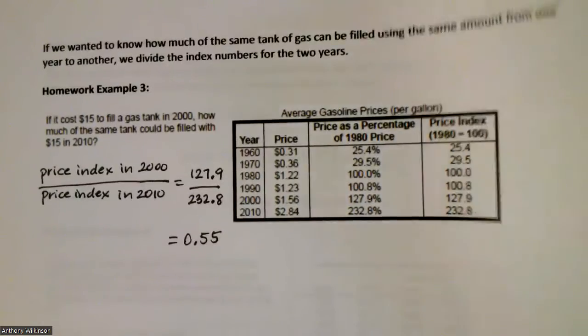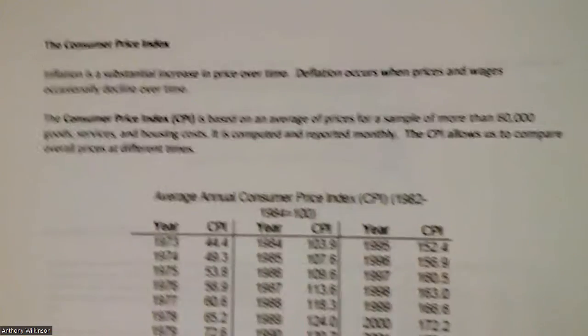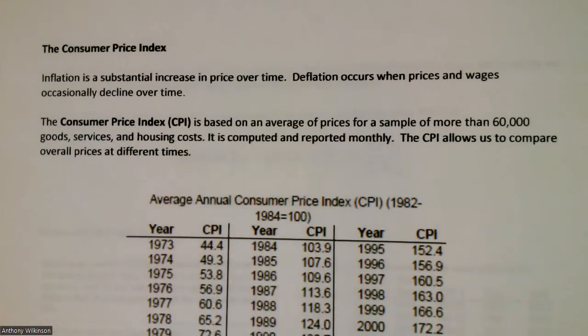All right. Now let's look at the consumer price index, which is what we will be talking about pretty much with these examples that we're going to do here. Inflation is a substantial increase in price over time.